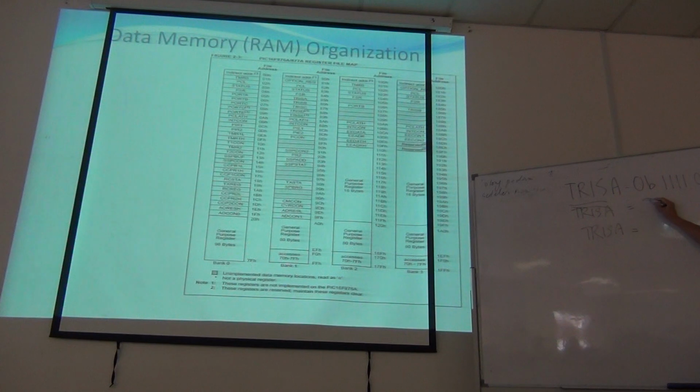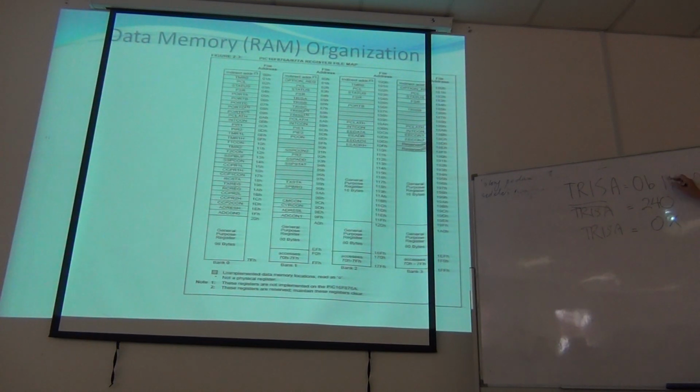So you can put it as 240 in decimal, or you can also use hexa: this is F, this is 0. You can write it down differently in three particular bases. It's the same thing.